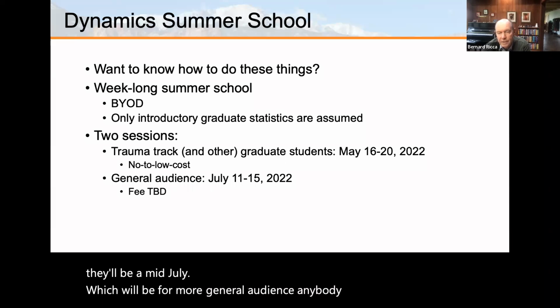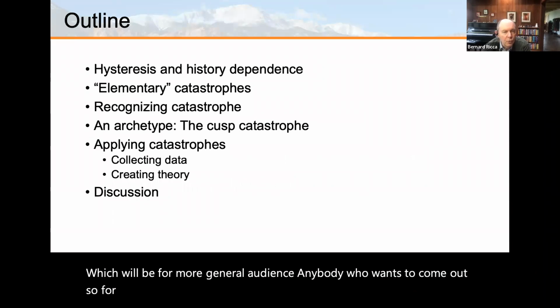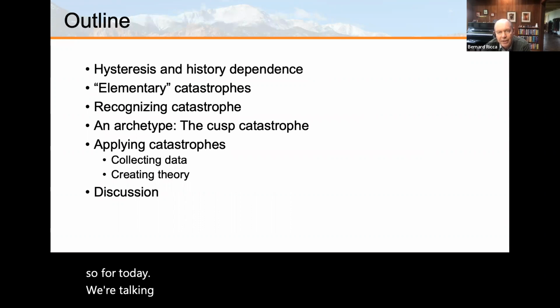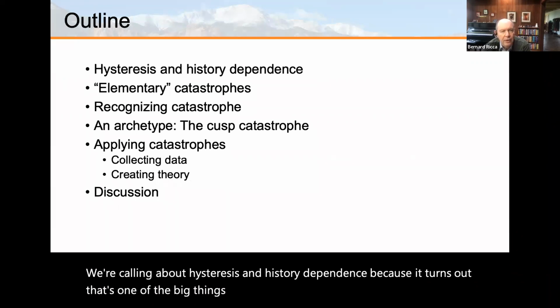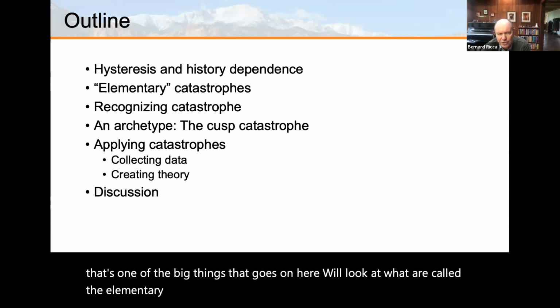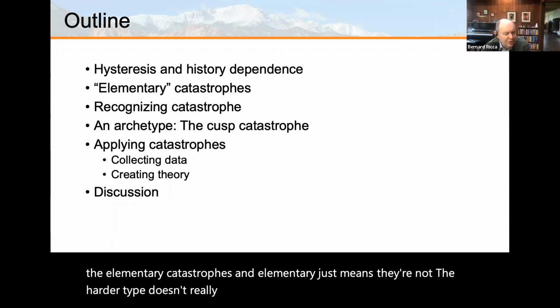For today, we'll talk about hysteresis and history dependence, because it turns out that's one of the big things that goes on here. We'll look at what are called the elementary catastrophes, and elementary just means they're not the harder type. It doesn't really mean they're elementary; it just means they're not as hard as they could be.